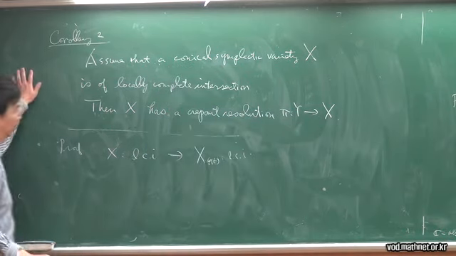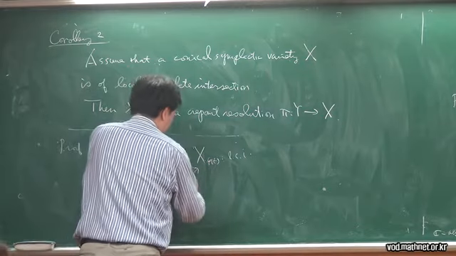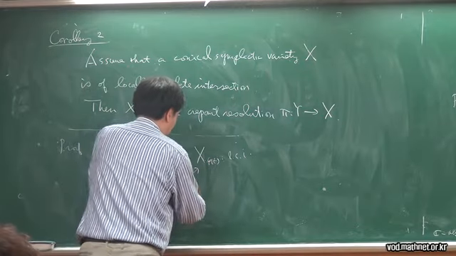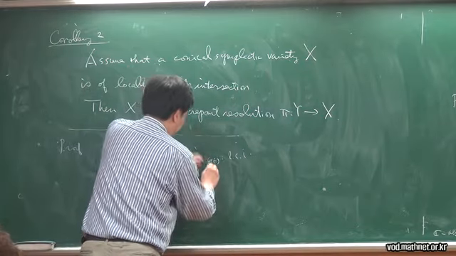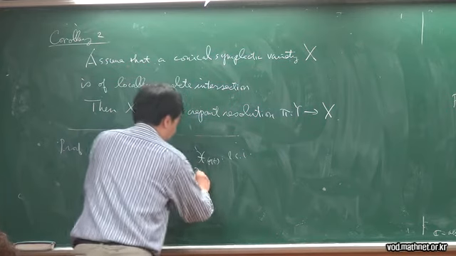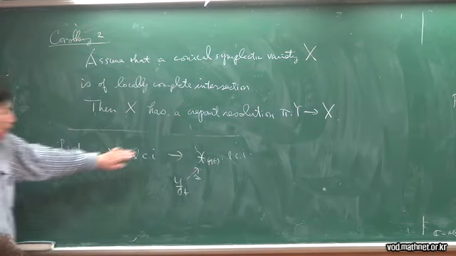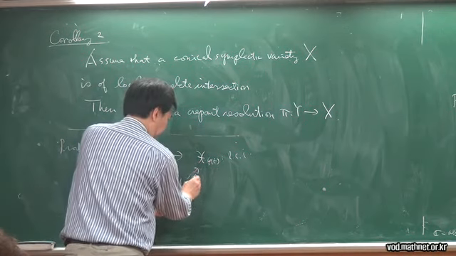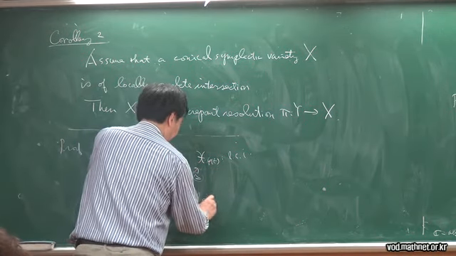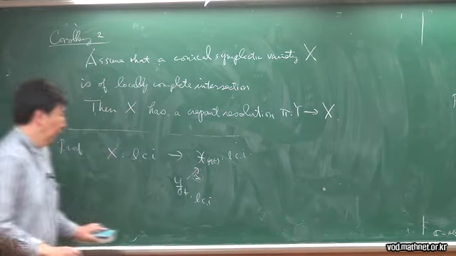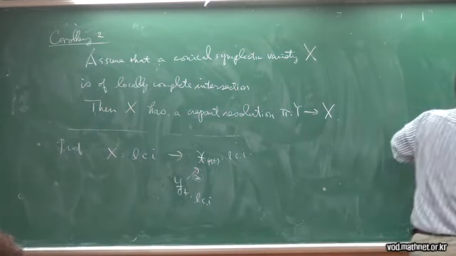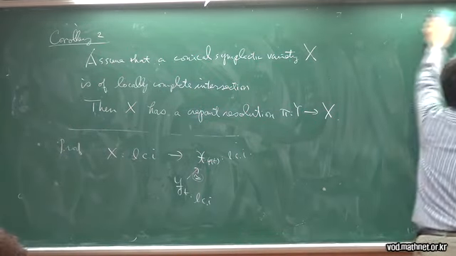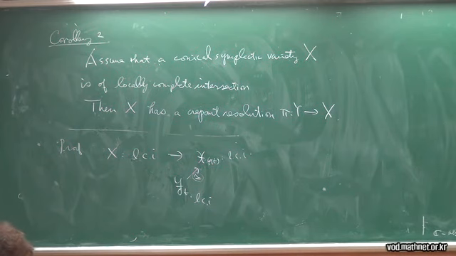But here you have a map from Y_t to X_t. But this is an isomorphism. Yes. So this is an isomorphism, so this is also a locally complete intersection. But now Y has only terminal singularities.